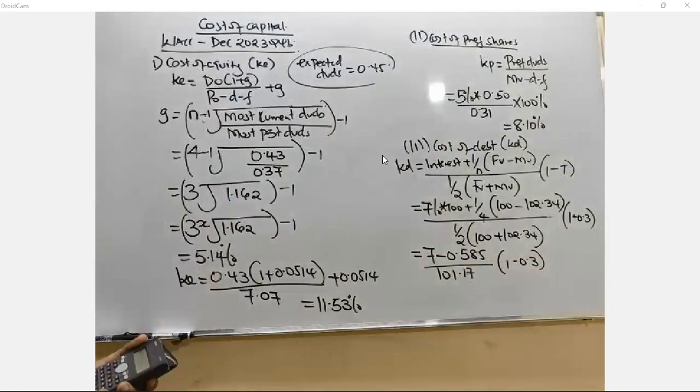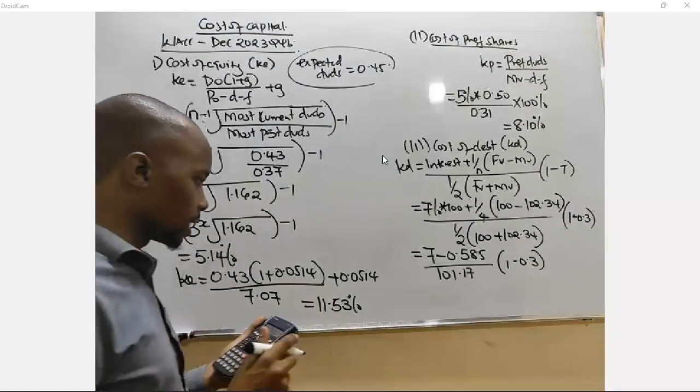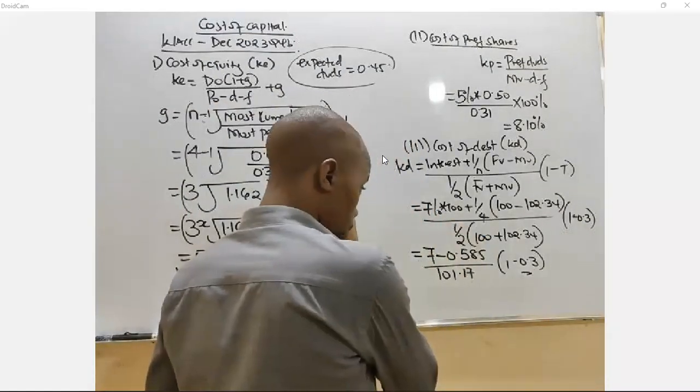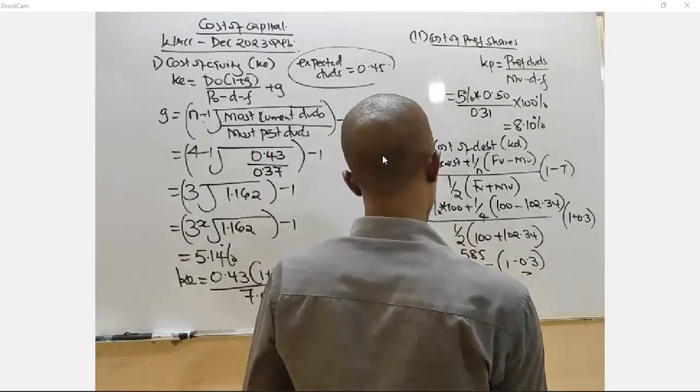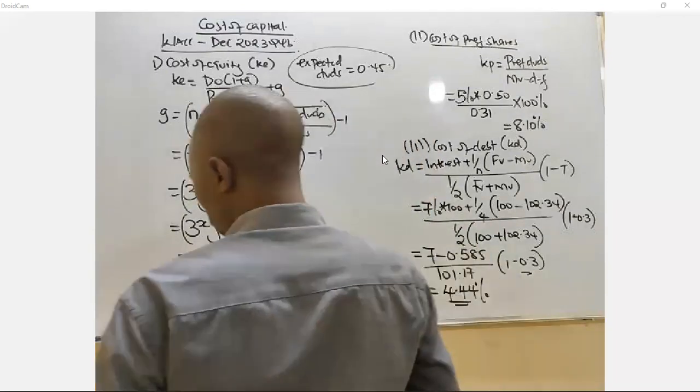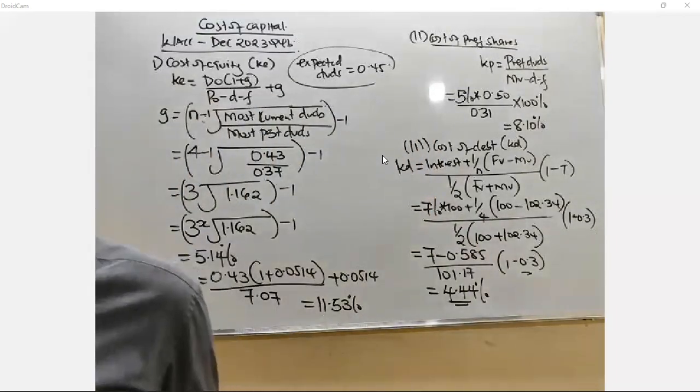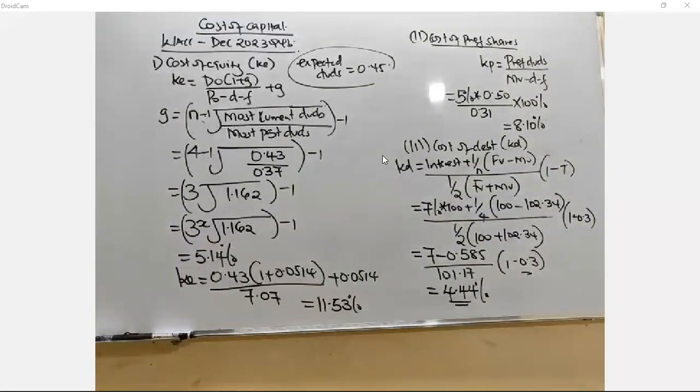So 7 minus 0.585, right? We divide it by 101.17. Then you multiply it by 0.7. 0.7 arises because of 1 minus 0.3. So our rate here will be 4.44. You can clarify on that. 4.44.